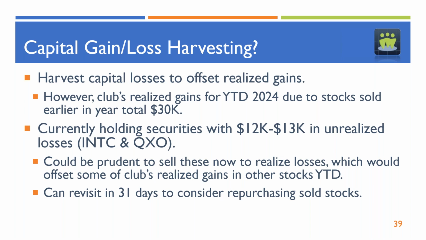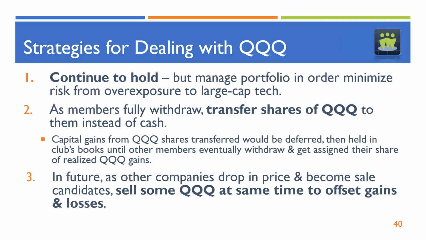to sell QQQ this year, since there are no capital losses left in the portfolio. So selling QQQ would require generating some capital gains. So here are some strategies. One, you could continue to hold it, right? But just bear in mind that QQQ is a tech-heavy index.